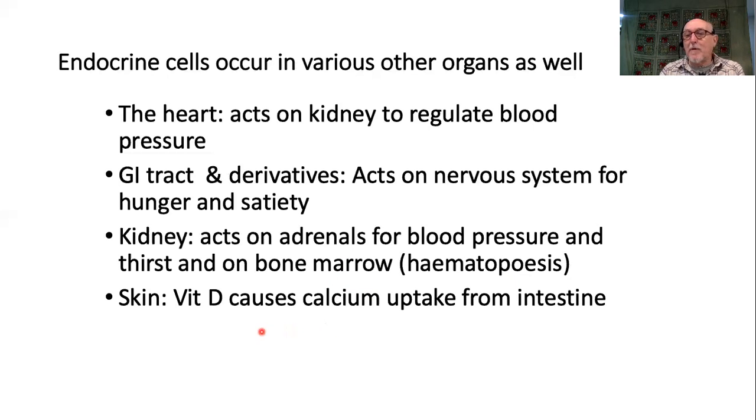Probably one of, it's sometimes said the largest endocrine organ for the body is actually the skin, and that is because the skin produces vitamin D, and it releases vitamin D as a hormone, and it causes calcium to be taken up from the intestine.